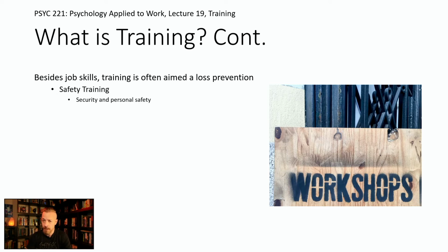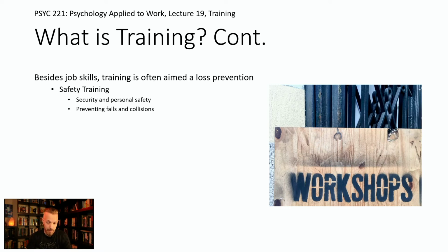So just to give you an idea here, here's a smattering of very practical, real examples of the types of safety training you might get depending upon where you might work. You might get security training and personal safety training. You might get training on how to prevent falls and collisions.